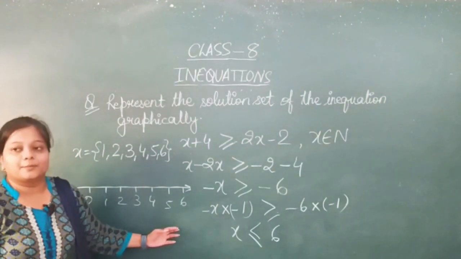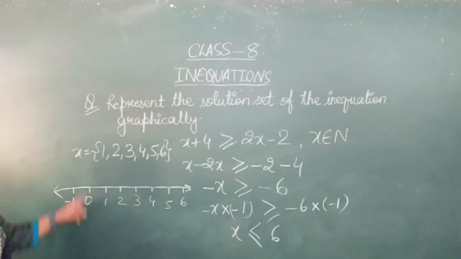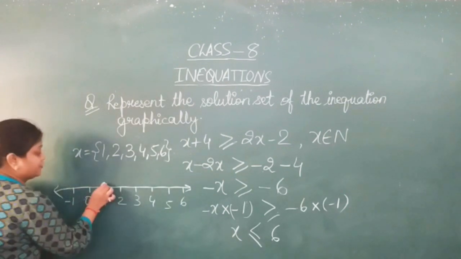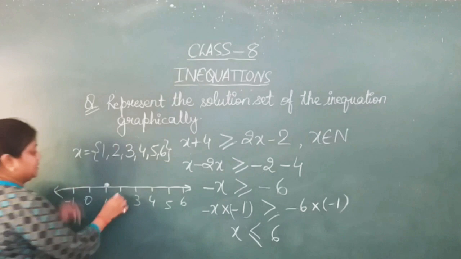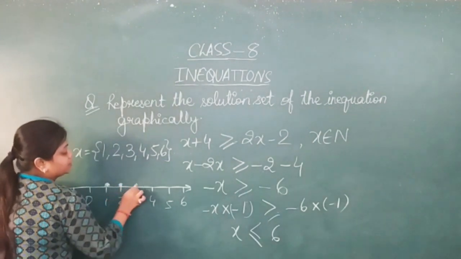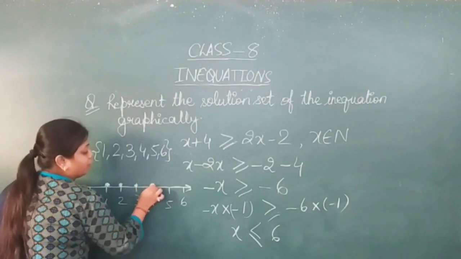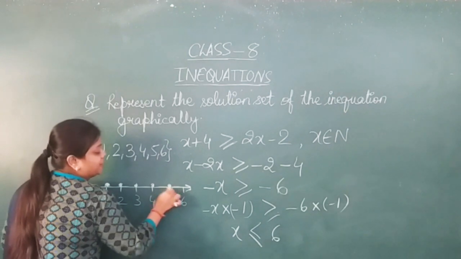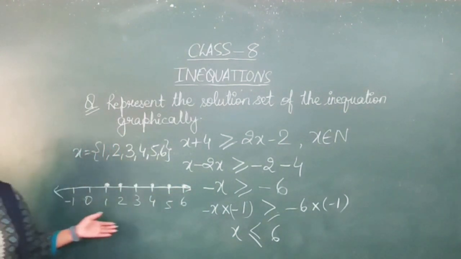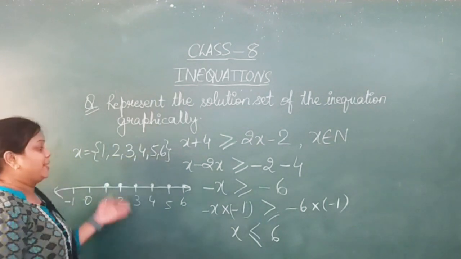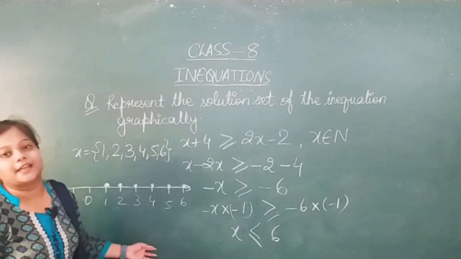After making our number line, we will represent the solution. Our first number is 1, so we will make 1 dot on 1. Same way 2, 3, 4, 5 and 6. So this is the way we can solve our question and represent the solution on number line.